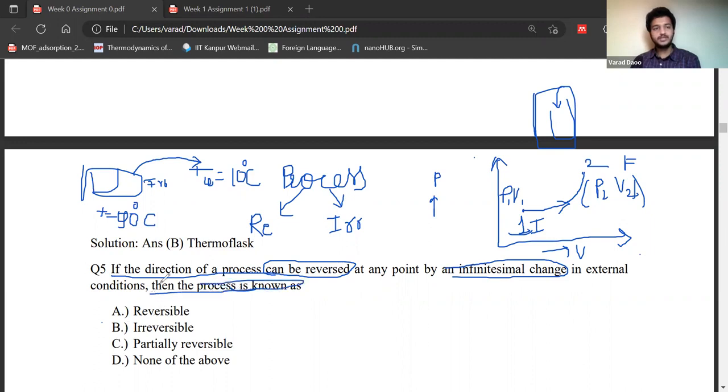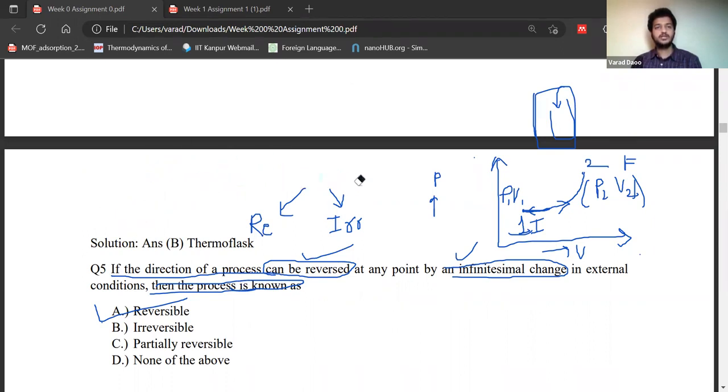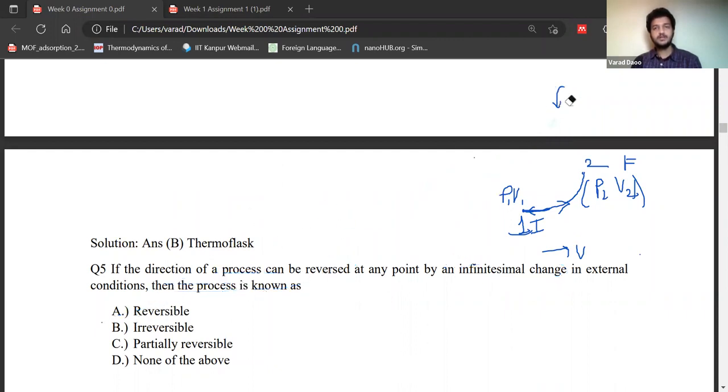Like I said, in reversible processes we can change the direction. As it is an infinitely slow process and can be reversed, the answer will be, you guessed it right, a reversible process. So infinitesimally slow processes are called reversible, whereas spontaneous processes are called irreversible, right?